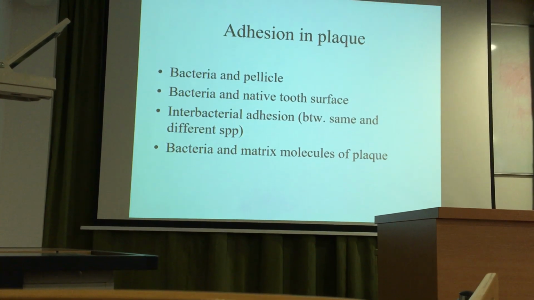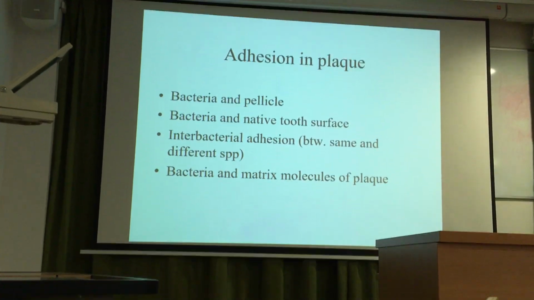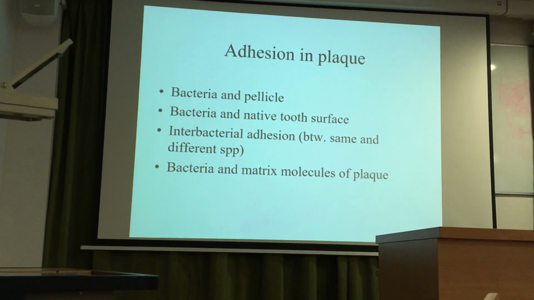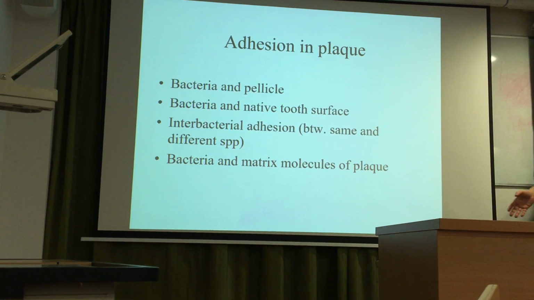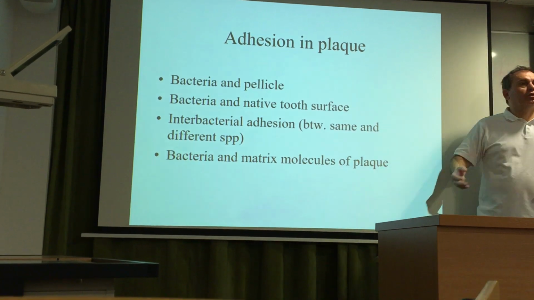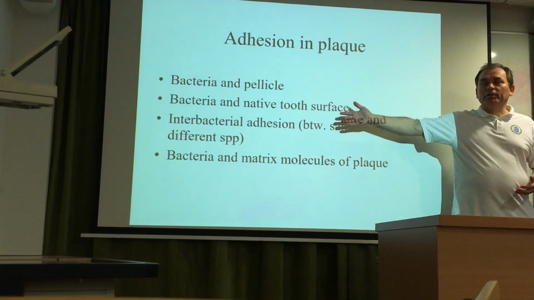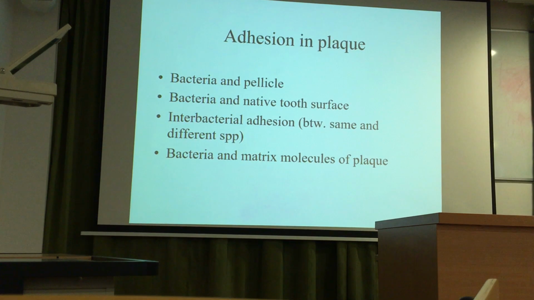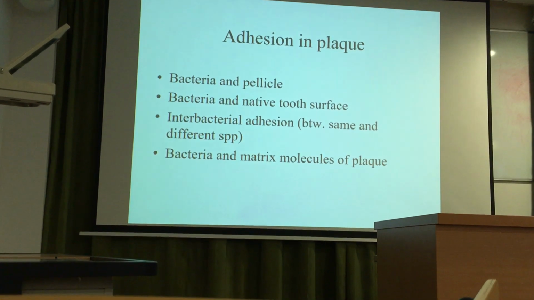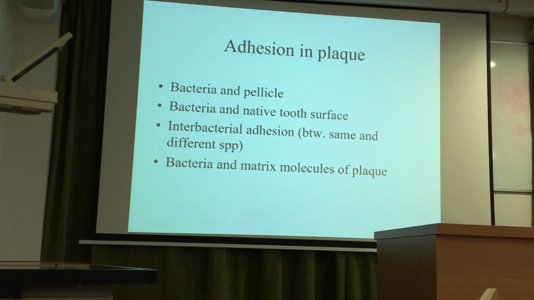These are the 4 ways for bacterial adhesion, so the bacteria can choose how to adhere to the plaque surface and to the tooth surface.